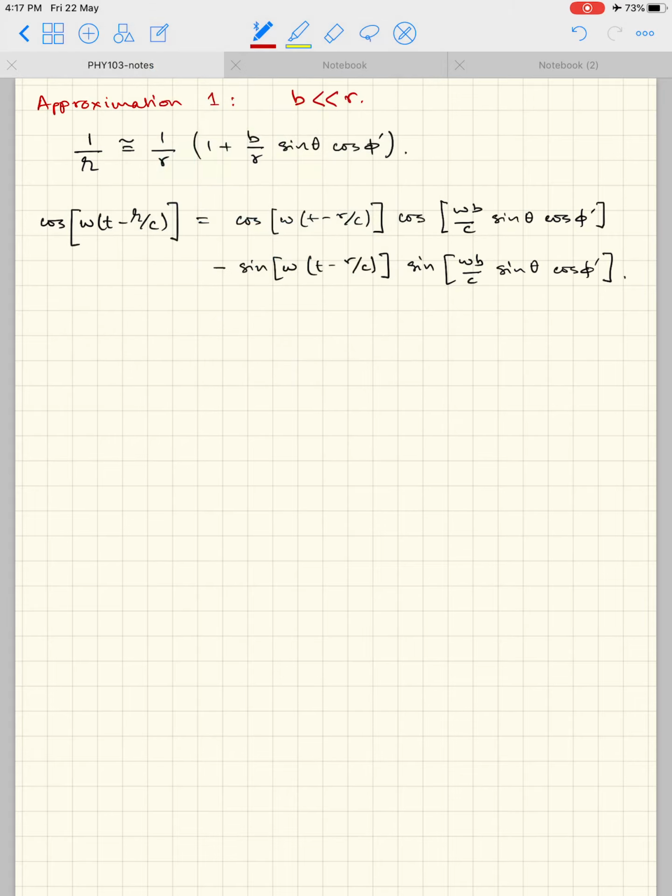Then we come to our second approximation, approximation 2. That is b is much less than c by omega. Again, as you know, the cos theta will be approximated by 1 and the sine theta will be approximated by theta.